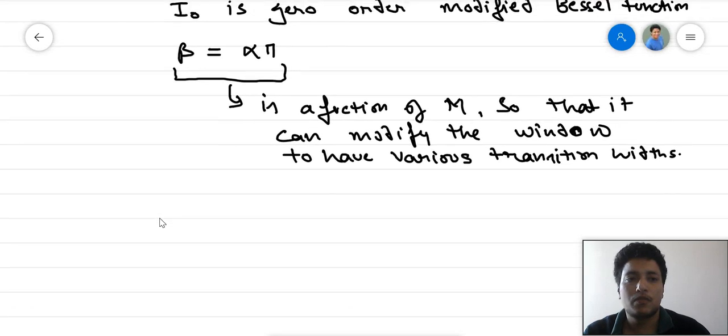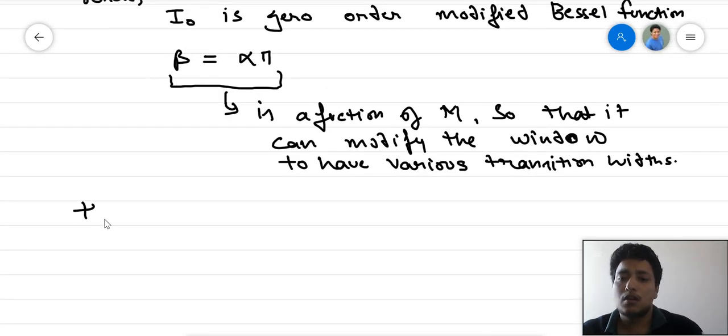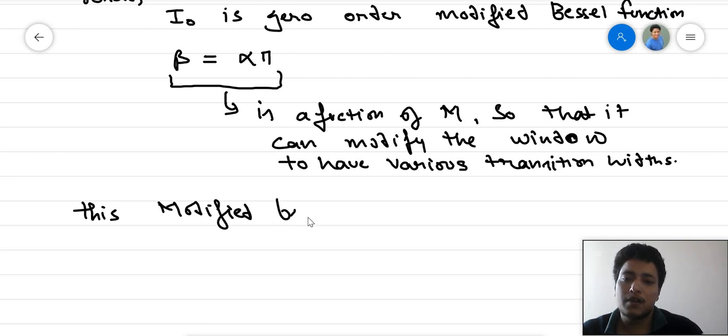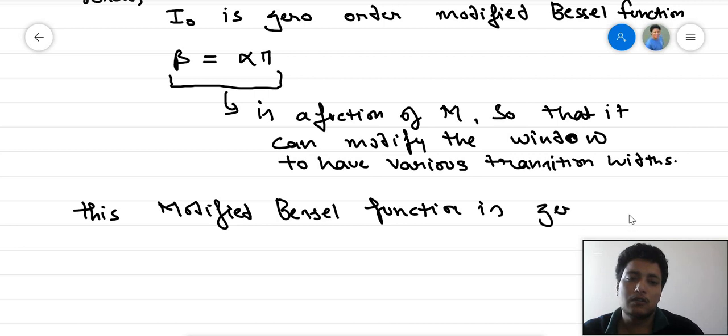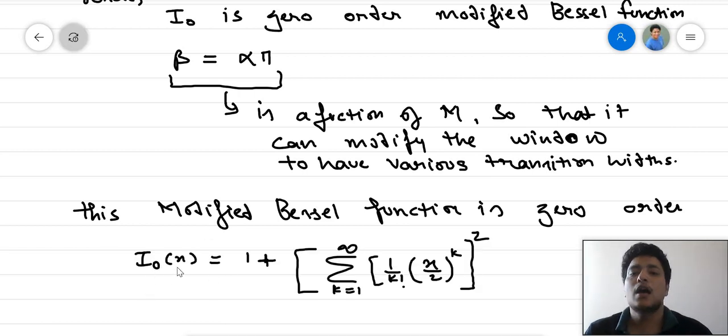Now this modified Bessel function is of zero order, and we know I naught(x) is equal to 1 plus summation k equals 1 to infinity of (1 by k factorial (x by 2) to the power k) whole square.